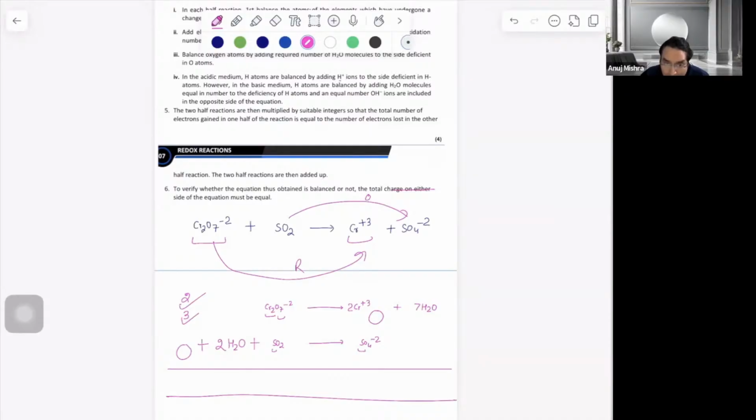Cr2O7 2 minus gives 2Cr3 plus, 7H2O, right?